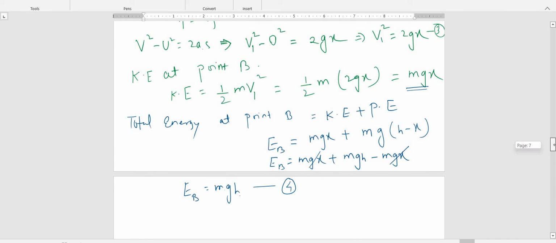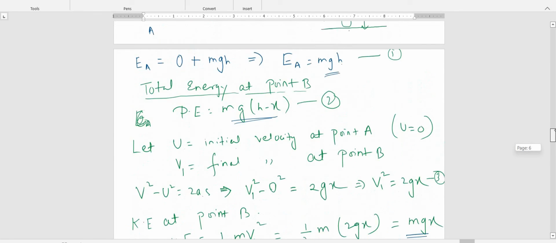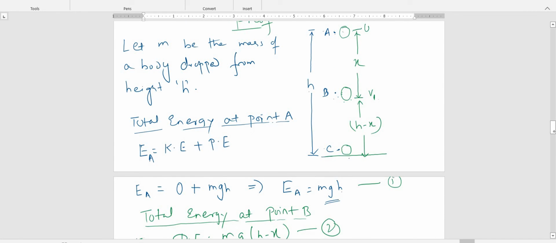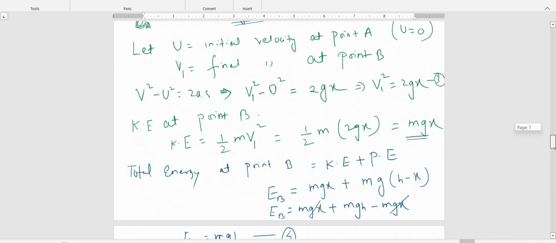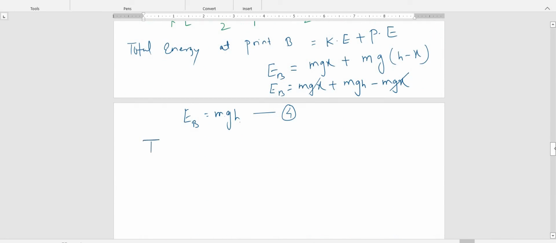Next we'll calculate what is the total energy at point C. Point C means just before hitting the ground. Okay, just before hitting the ground, what is the energy? So now we'll calculate what is the total energy at point C. Same case.